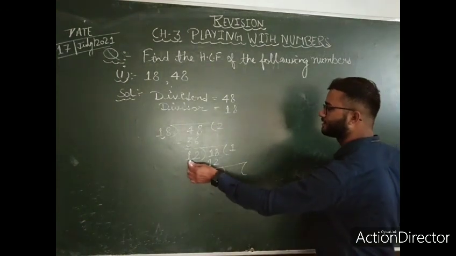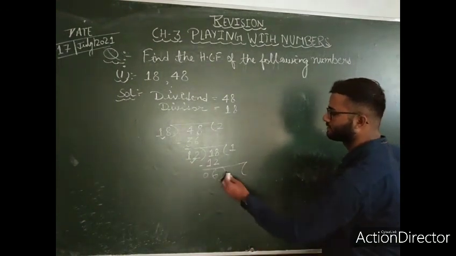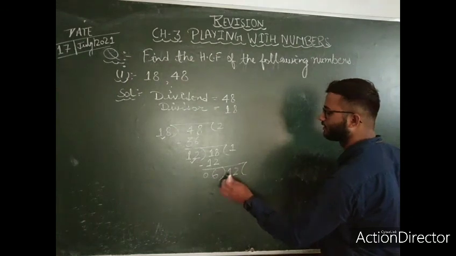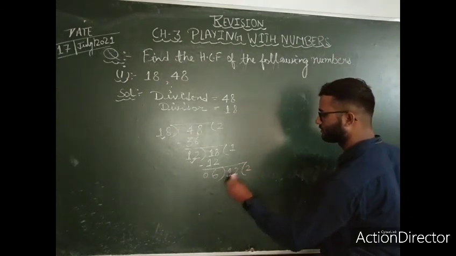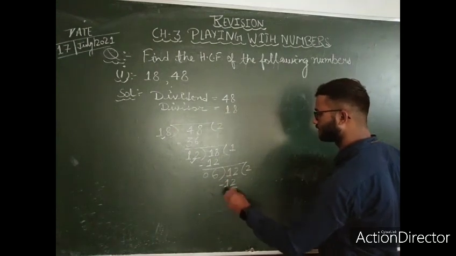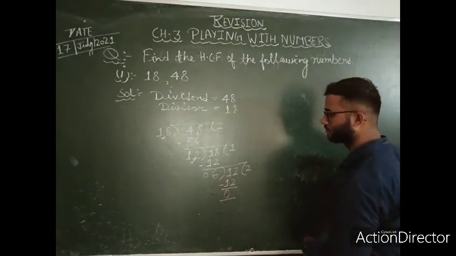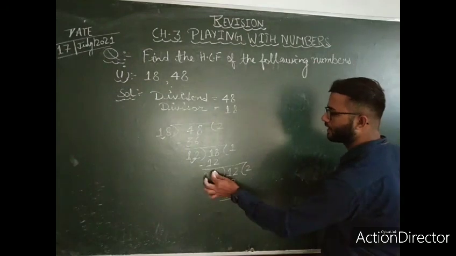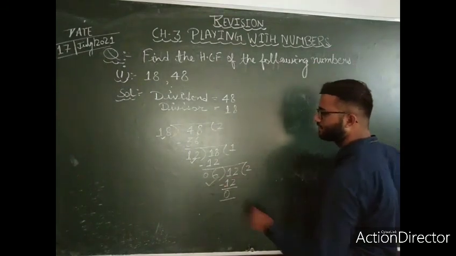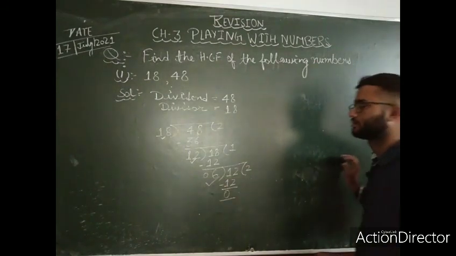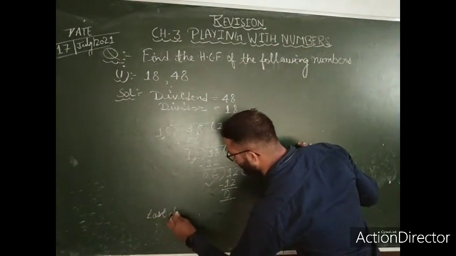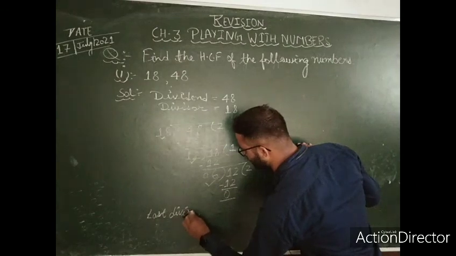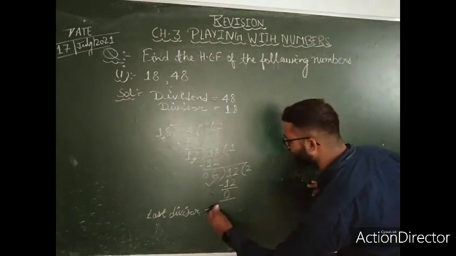Now we take this divisor as the dividend and this remainder as the divisor. 6 twos are 12 and 12 minus 12 is 0, and you all know that the last divisor is the HCF of the given numbers. So we write last divisor equal to 6.